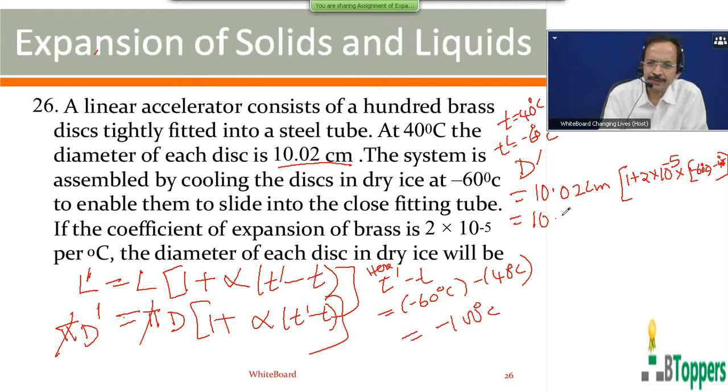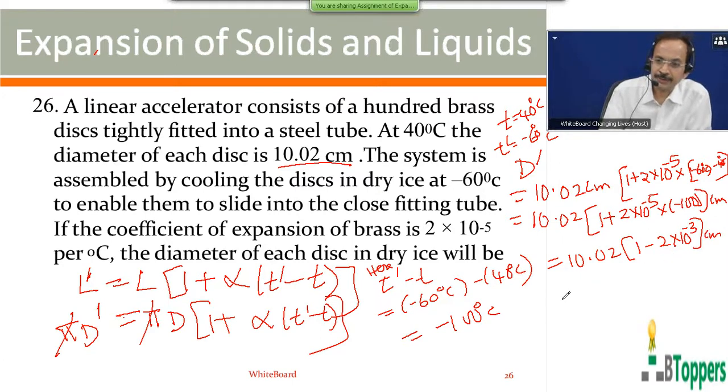So you can substitute T dash minus T equal to minus 100 degrees centigrade. So that comes out to be 10.02 minus 2 into 10 power minus 3.